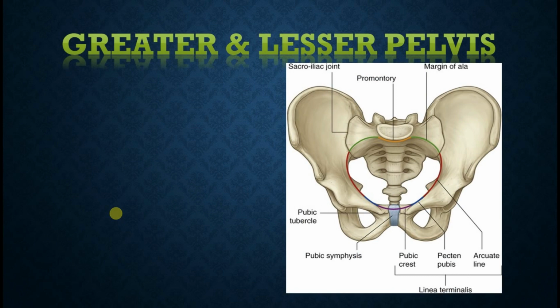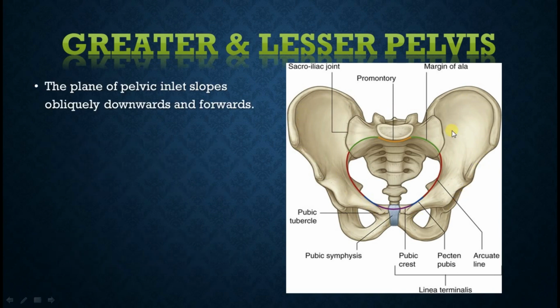Now, broadly, if you look at the pelvis, you have the pelvic inlet. The pelvic inlet slopes downwards and forwards. It is actually oblique, inclining downwards and forwards. Because of that, the part of the hip bone above the pelvic inlet is called the false or greater pelvis.